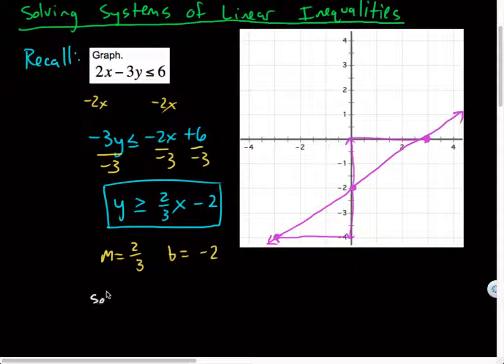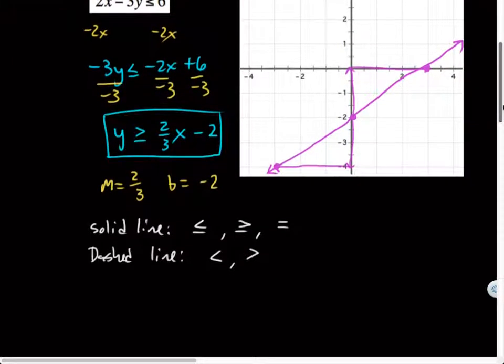A solid line occurs for the symbols less than or equal to and greater than or equal to. A dashed line, which I probably will call dotted for some reason, even though it's still dashed, will occur anytime you have less than or greater than as your symbol.